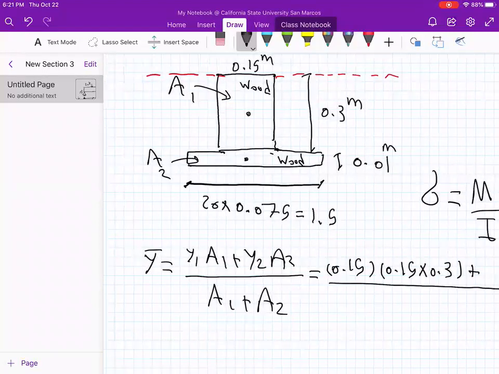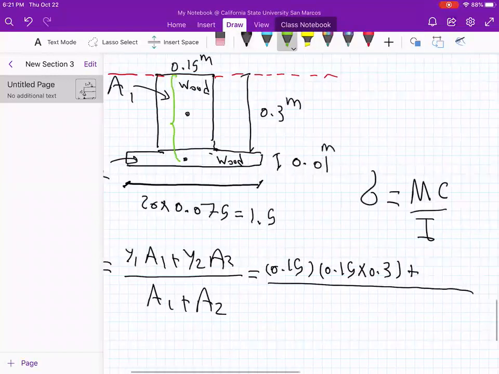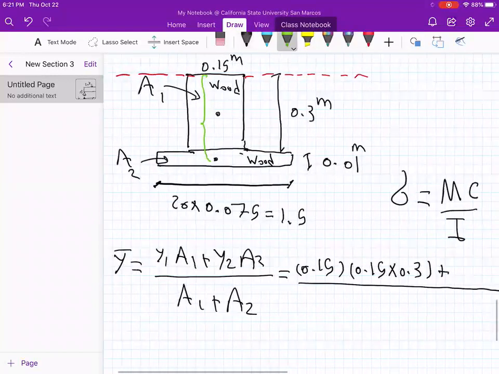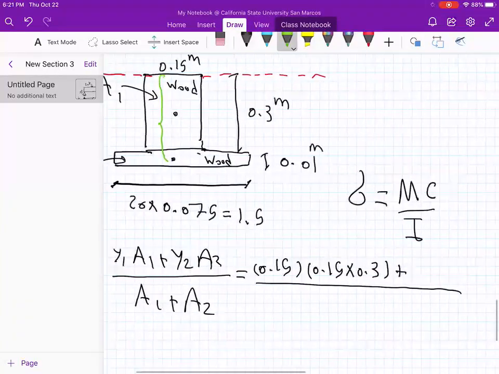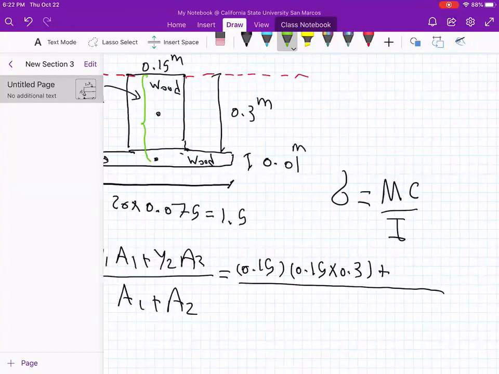Yeah, 0.3 for Y2 would be, let me use the other color, Y2 would be from here, 0.3 plus half of this, half of 0.01 divided by 2, right? Therefore, I want to also write with the green to distinguish. So it would be 0.305.